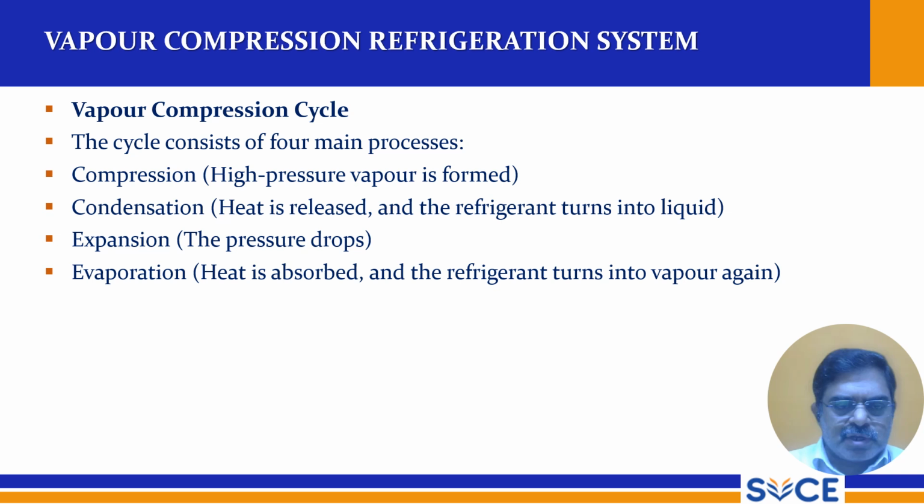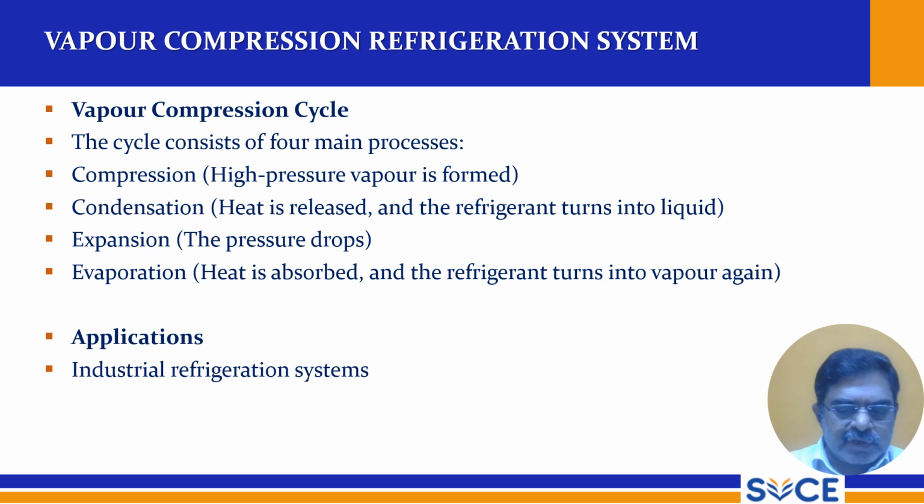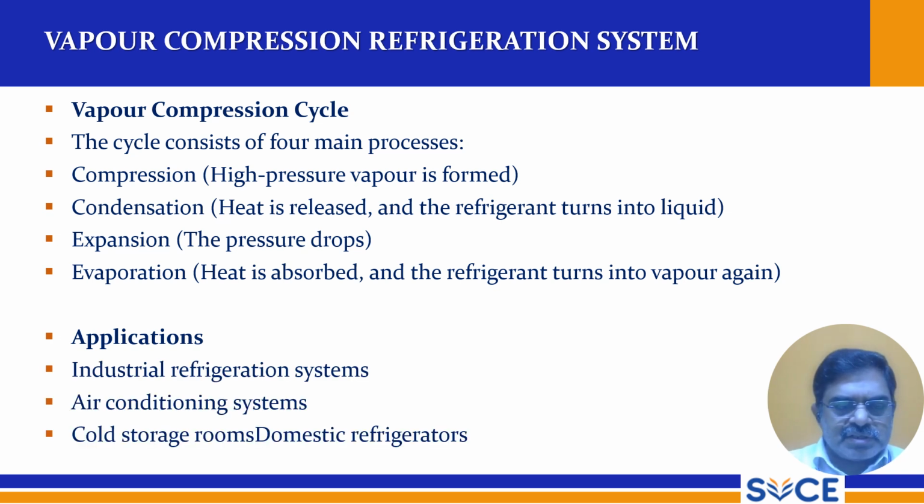Evaporation: heat is absorbed and the refrigerant turns into vapor again. So this is a cyclic process. The first process is compression, and then condensation, expansion, evaporation. These four processes happen in a cyclic manner. Applications: industrial refrigeration systems, air conditioning systems, cold storage rooms, and domestic refrigerators.